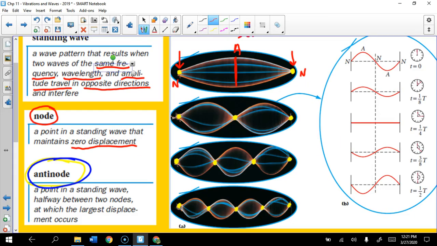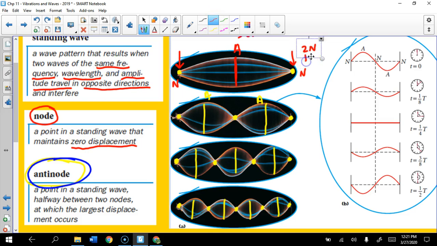So if an antinode is halfway between nodes, you'll notice this second wave has 2 antinodes. This third wave has 1, 2, 3 antinodes. This fourth one has 1, 2, 3, 4 antinodes. One thing we quickly realize is, this one has how many nodes? 2.